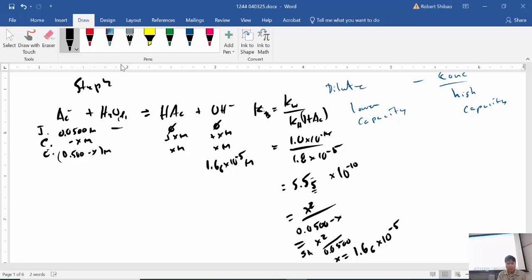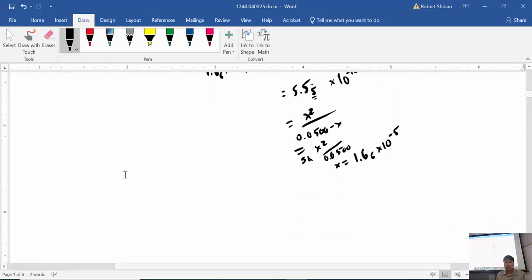Let me try that one more time. Times 10 to the minus 10 times 0.05. Take the square root of that. Okay, I get a different x value now. It's 5.27 times 10 to the minus 6.